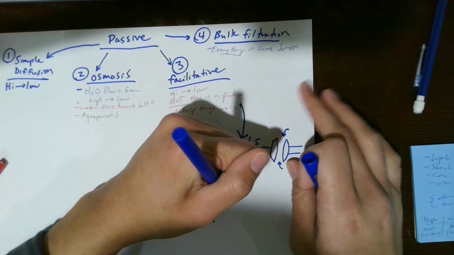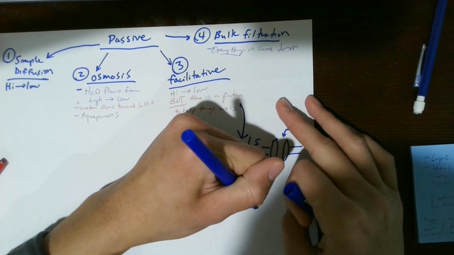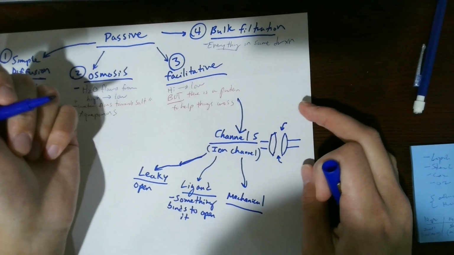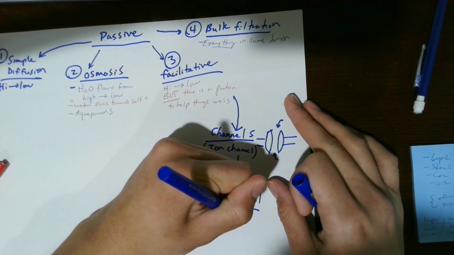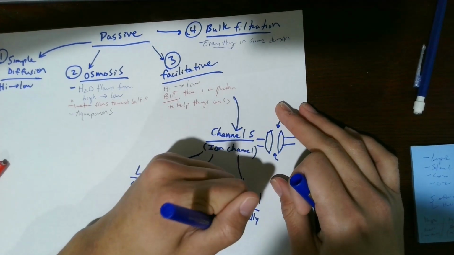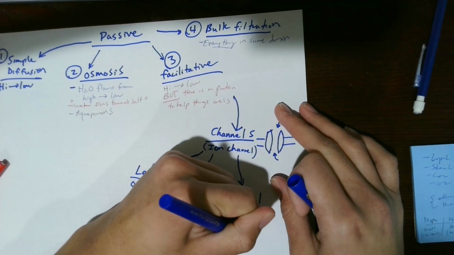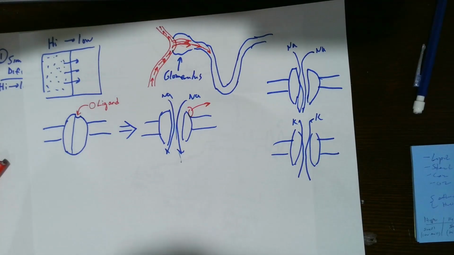Another type of channel is a mechanical channel. A mechanical channel is something that is physically pulled open. It is closed until it is physically pulled open. An example of that would be the human ear.